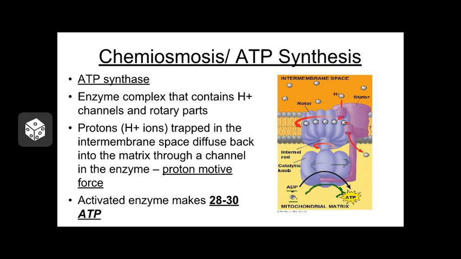So as long as this thing is rotating, it's going to be cranking out ATPs. We say that ATP synthase uses a proton motive force because it is supplied with energy by hydrogen ions flowing through it. How many ATPs can it make? There are estimations, but approximately 28 to 30 ATP at a time. Pretty good.